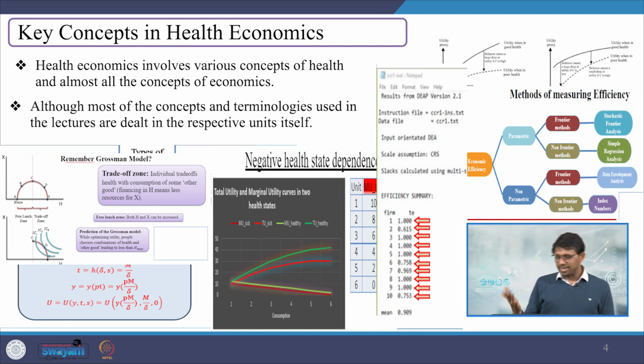And so far as health efficiency is concerned, as I told you, we took the help of the DEAP software, and this is how it looked. I am not clarifying everything.